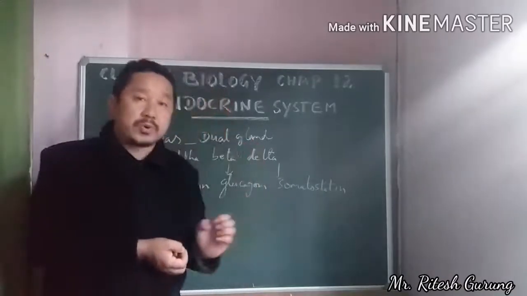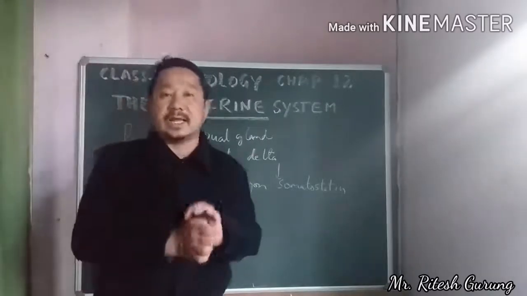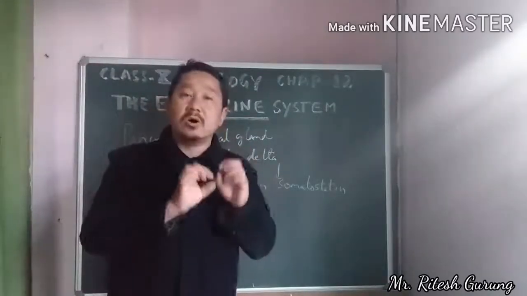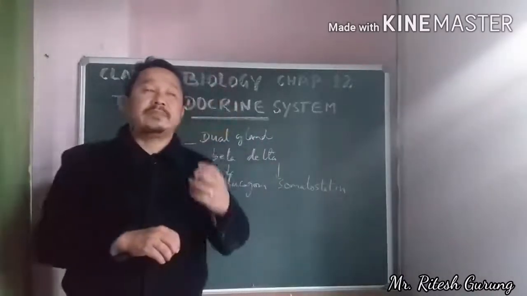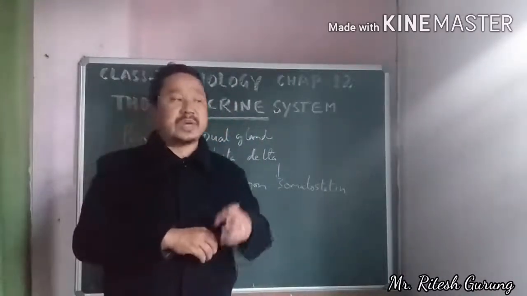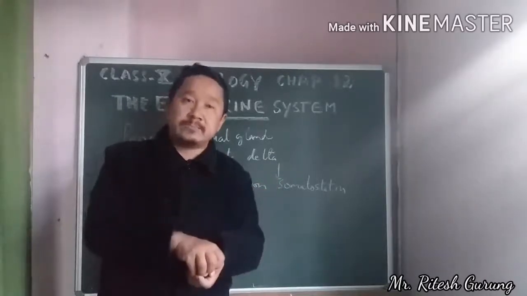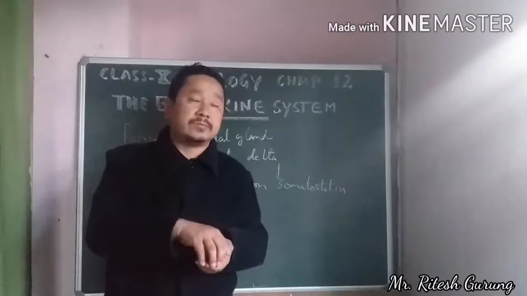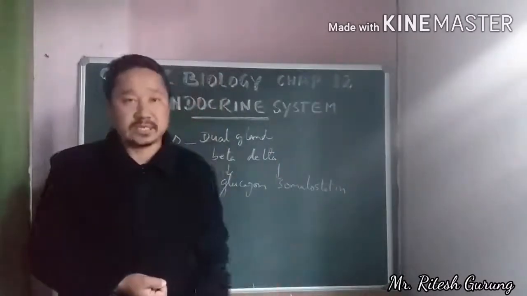But the other portion of the pancreas is a duct gland, because it secretes pancreatic juice, which is poured into the duodenum, and there in the duodenum it executes a lot of functions for the digestion of food.